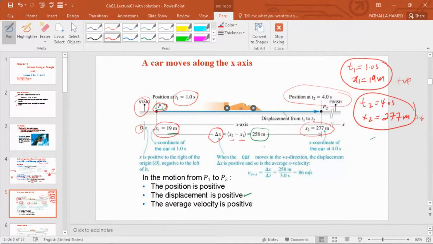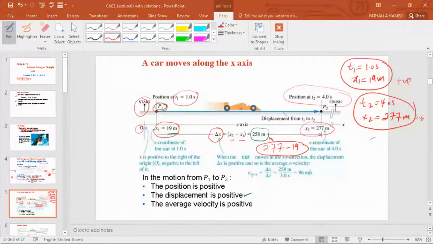So if you look at 277 minus 19, that will give you 258 meters. And that's why we say here your displacement is positive, because the displacement is a vector here as well. It's along the x-axis.